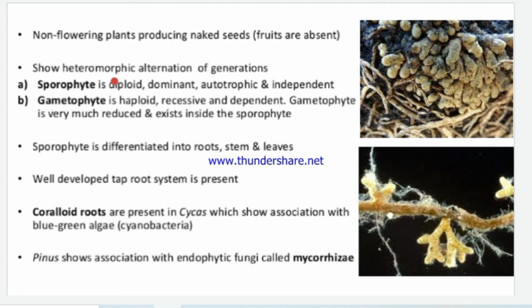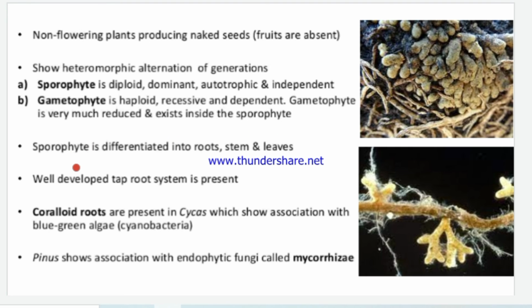They show heteromorphic alternation of generation. The sporophyte is diploid, the dominant phase, autotrophic in nutrition and independent. But the gametophyte here is dependent and haploid. The gametophyte is very much reduced and exists inside the sporophyte.